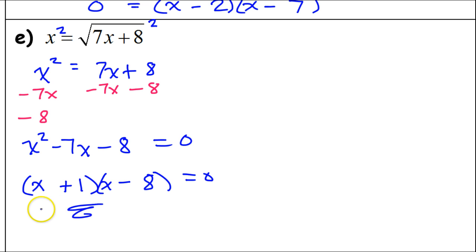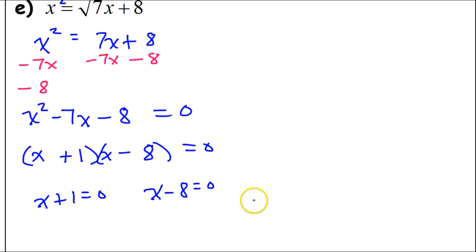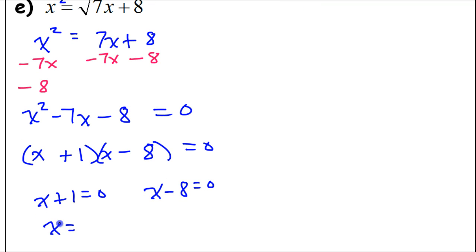Okay, when I set these equal to 0, so like x plus 1 equals 0, x minus 8 equals 0, I will get my two solutions of x equals negative 1, x equals positive 8.